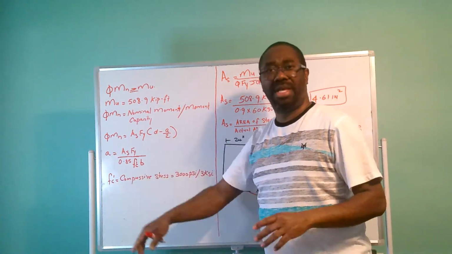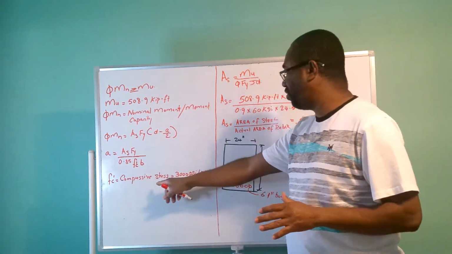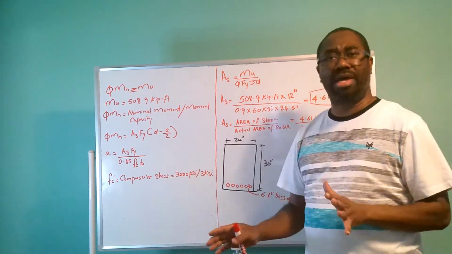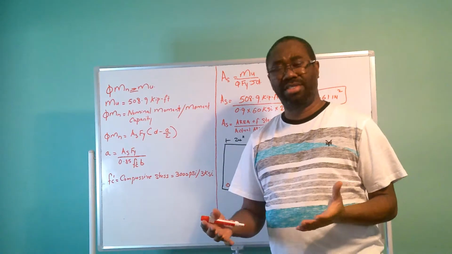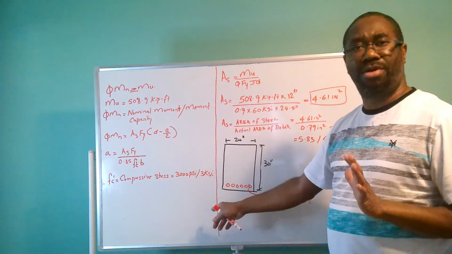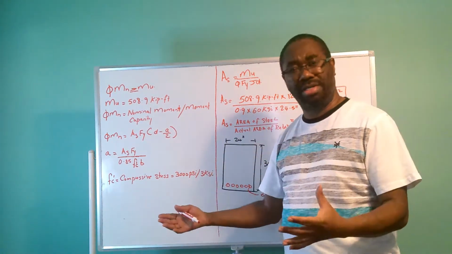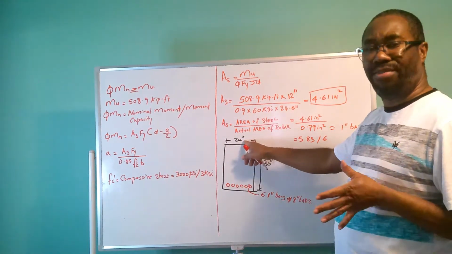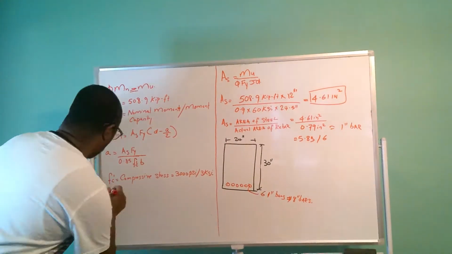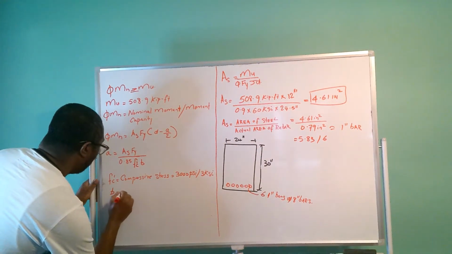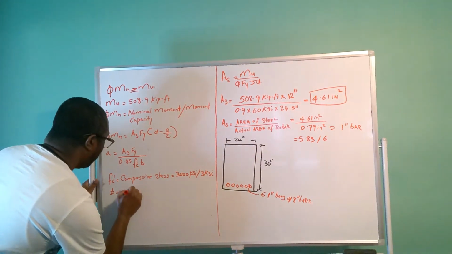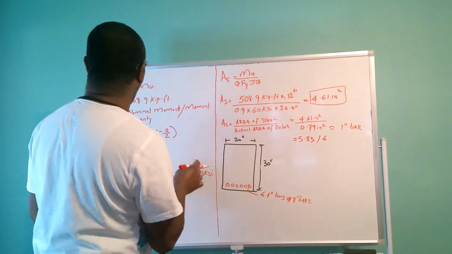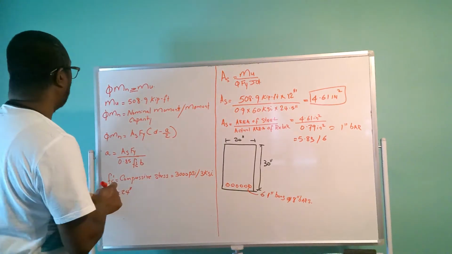Fc prime is the compressive stress of concrete, given as 3,000 pounds per square inch or 3 ksi. b is the width or breadth of the beam, which is 24 inches.